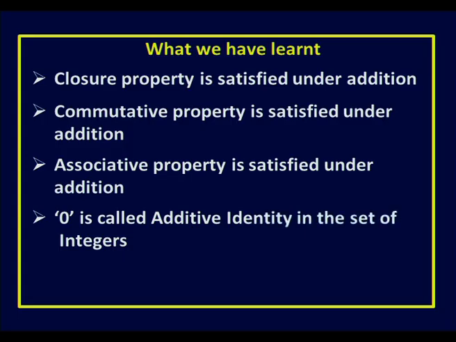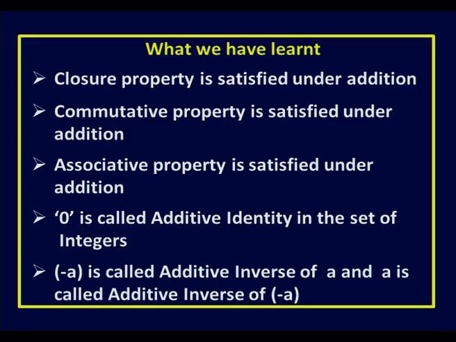And also we have seen 0 is called the additive identity in the set of integers. And finally, we have seen that minus a is called additive inverse of a and a is called additive inverse of minus a, where a is any integer.